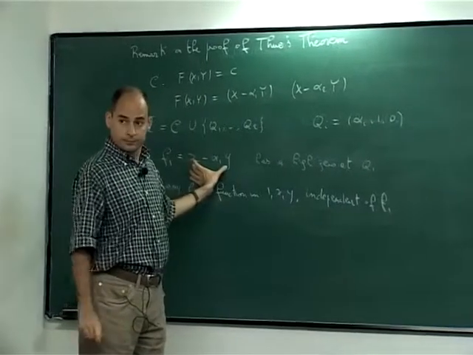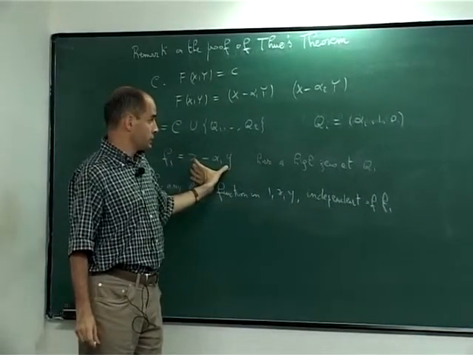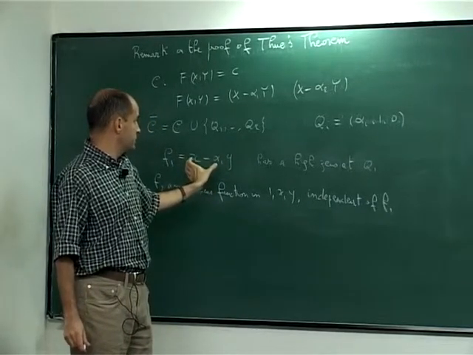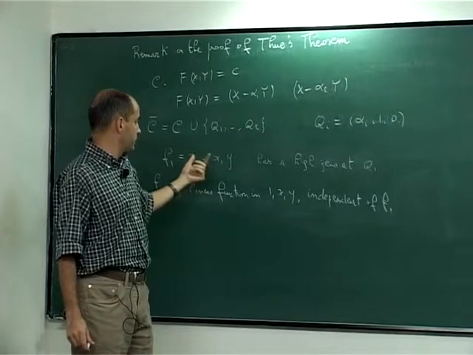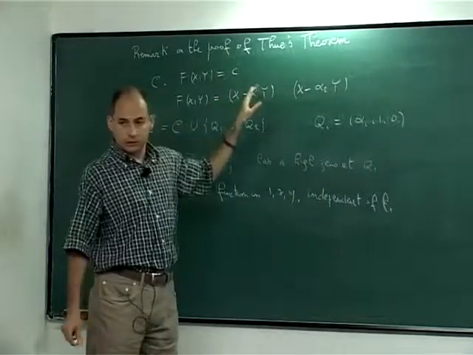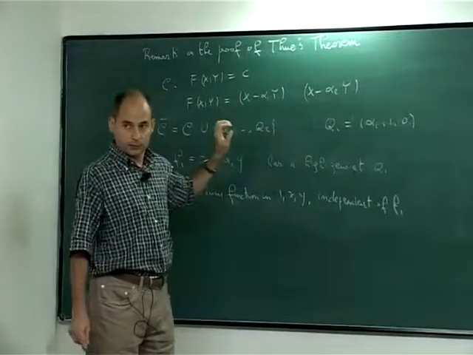This function, we saw last time that it vanishes at the point (alpha1, 1, 0), and it has poles at the others. Okay.